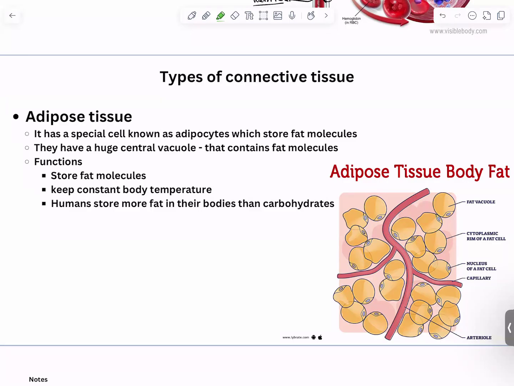So I assume that you know it and you're sleeping instead of not knowing that and listening. So we have the adipose tissue. We have the fat molecule or triacylglycerol in the structure of the adipose tissue. Why? Because triacylglycerol is the type of lipid molecule that we store in the human body.